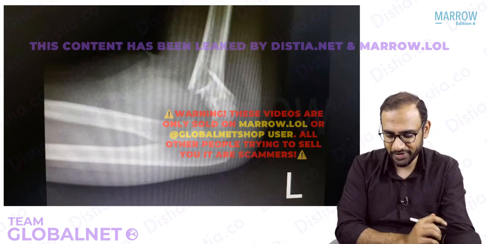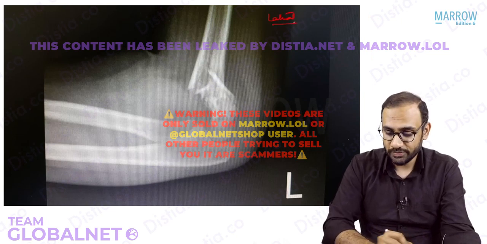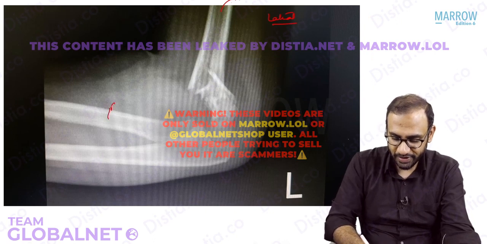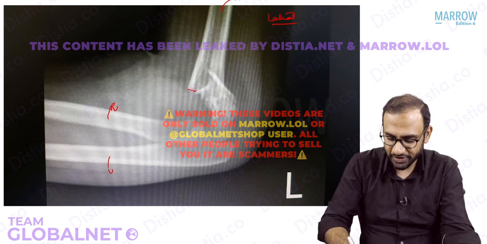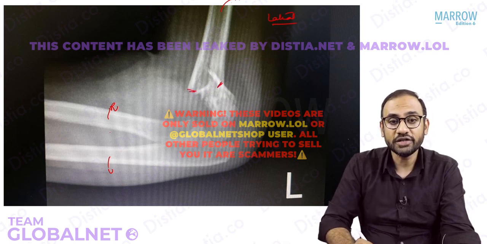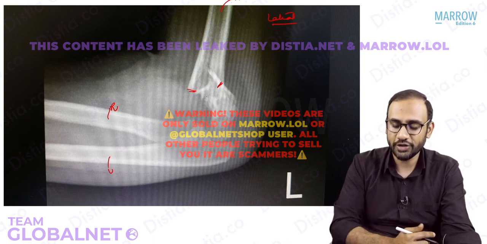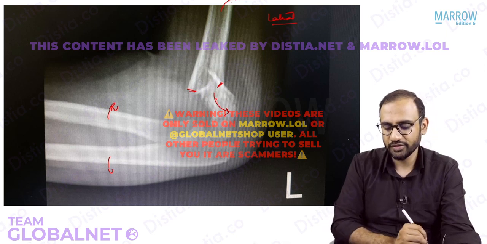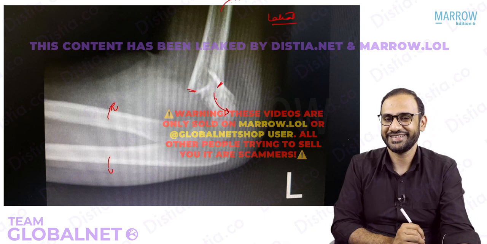Now look at this X-ray. This is a lateral view of which bone? Of elbow. What is this bone? This is humerus, this radius, this ulna, right? There is a fracture here of the distal end of the humerus. This is particularly a supracondylar humerus fracture, where the distal fragment has gone in extension or posteriorly, right?